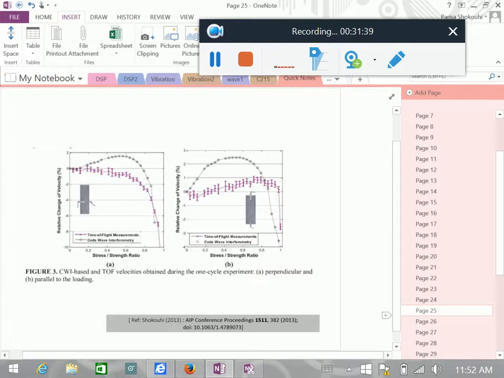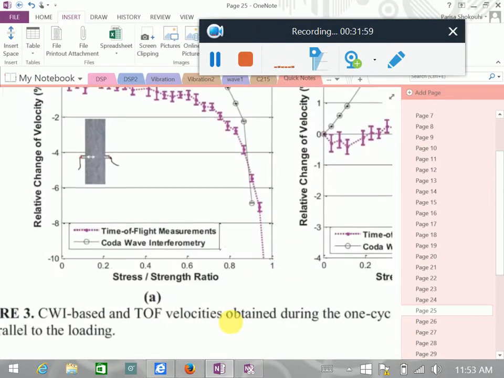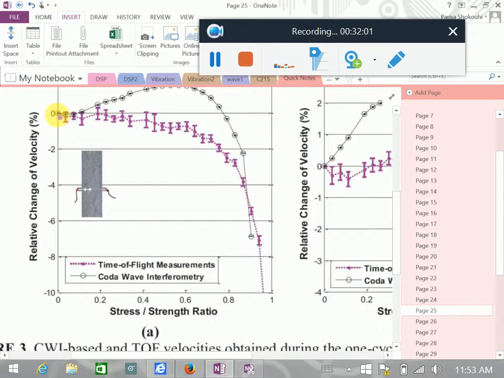Now just focus on the purple plots. The black plots are something else I haven't taught you about. If we do a lot of these experiments and have the nice error bars, then perpendicular to the load, we basically get what everyone else had got: the velocity stays pretty much constant, at some point it starts to go gradually down, and towards the end it goes very sharply down.